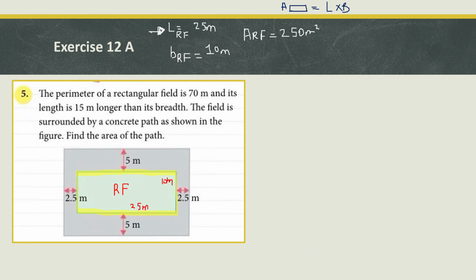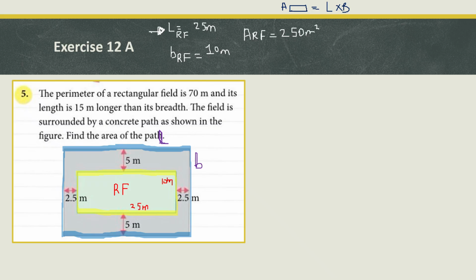Now we need to find this breadth and this length, right?